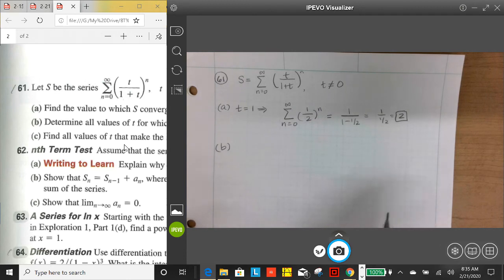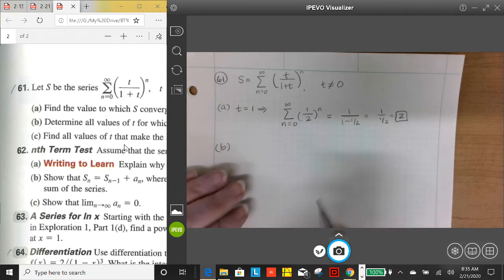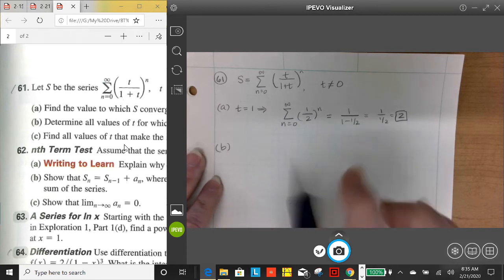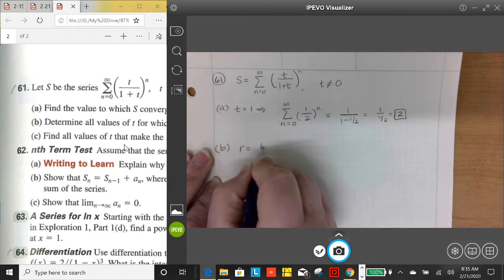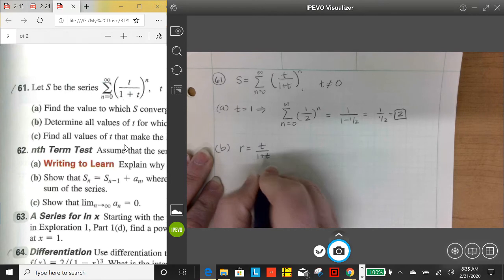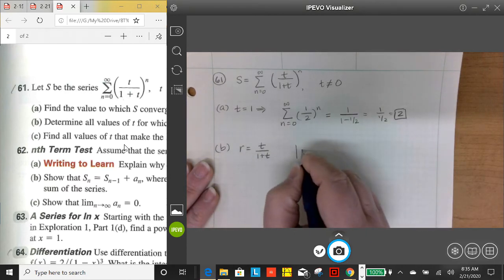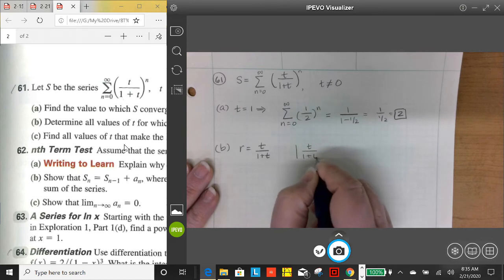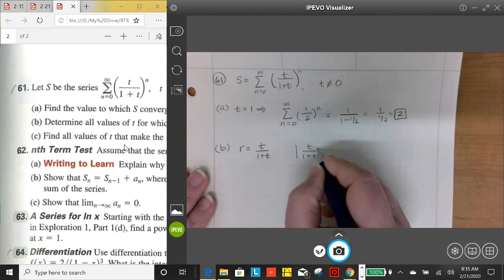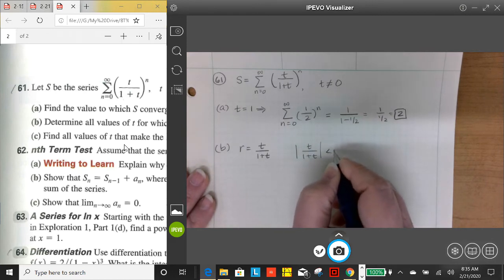Part B says determine all values for t for which S converges. So if r is equal to t over 1 plus t, we have to find out when the absolute value of r, which is t over 1 plus t, is less than 1.